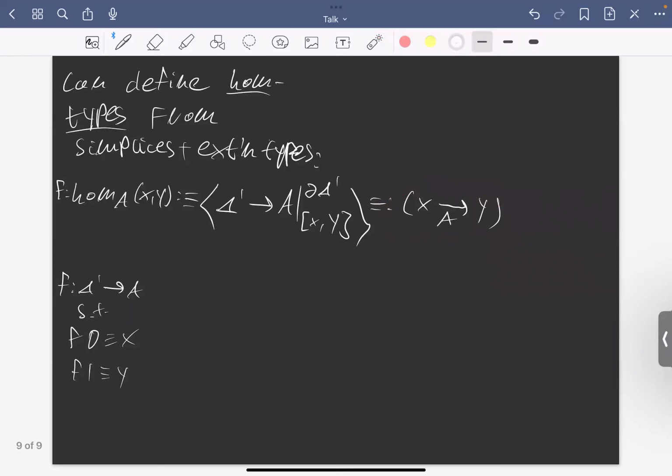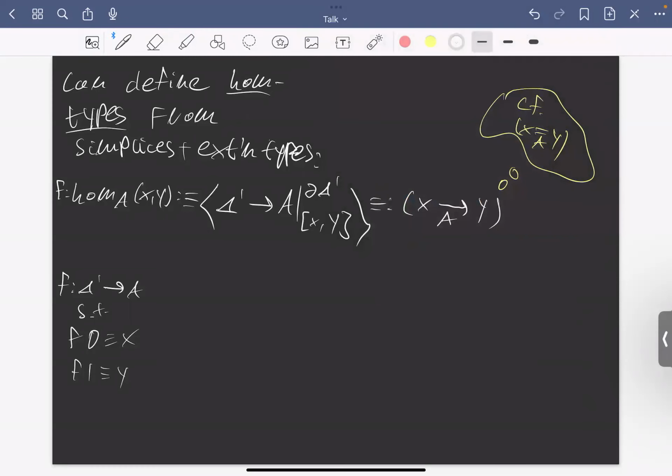And this is kind of analogous to the path types in HoTT, at least the notation, but the way that they are introduced is rather different. But there is going to be some relation in many situations that we're going to get to.